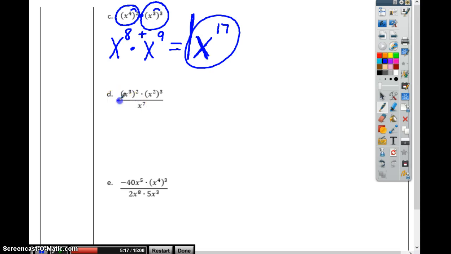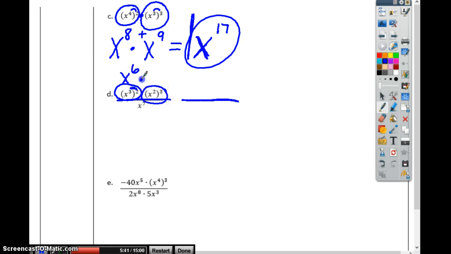Right, now we're going to add division into it like we learned yesterday. But before I can do the division where we subtract our exponents, before I can do any of the division, I need to simplify the numerator here. And I can simplify this one. Multiplying my powers, this turns into x to the 6th power.